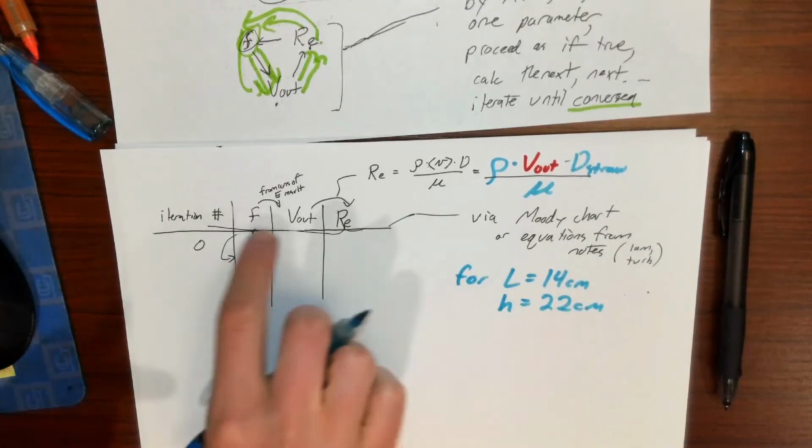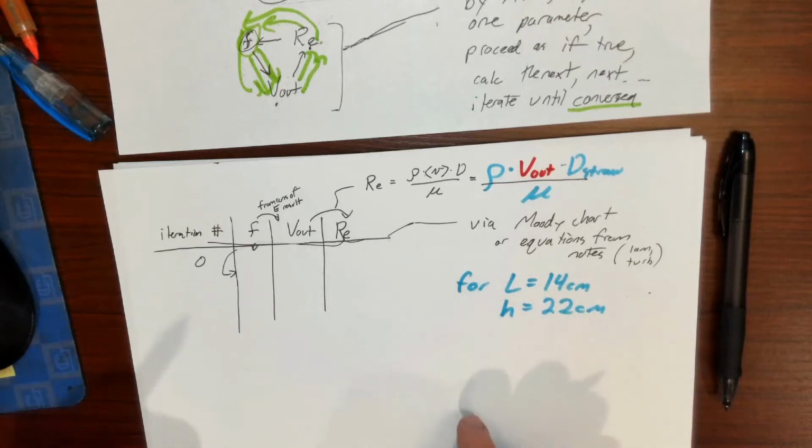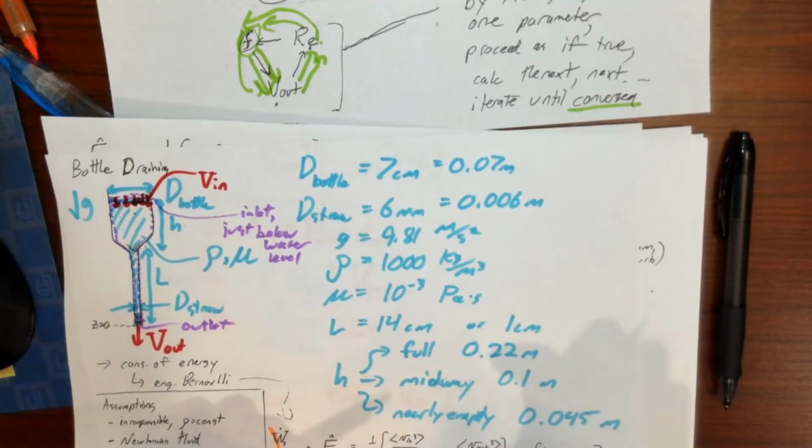So the calculations I'm using to populate this one are when L and H were these two values here, and of course the rest of the given parameters are the ones here.